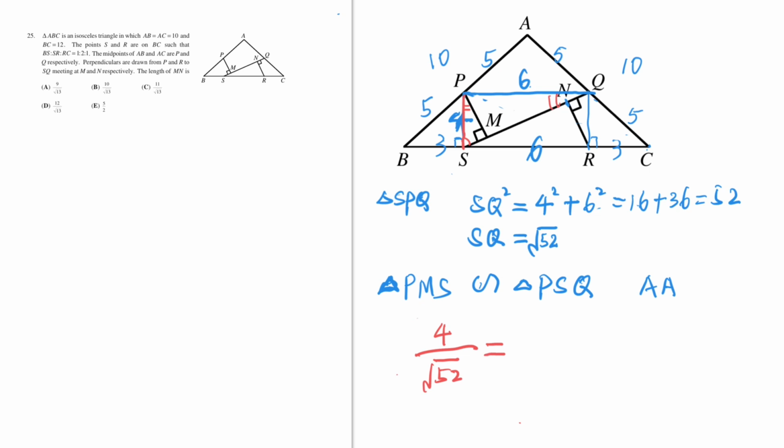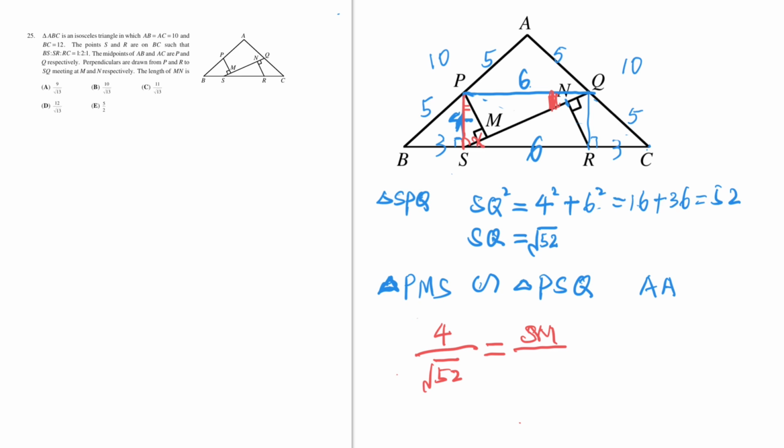And also we try to find SM. What's SM? We don't know, so we put X, or we just put SM. SM is opposite to angle SPM, and SPM equals PQS.